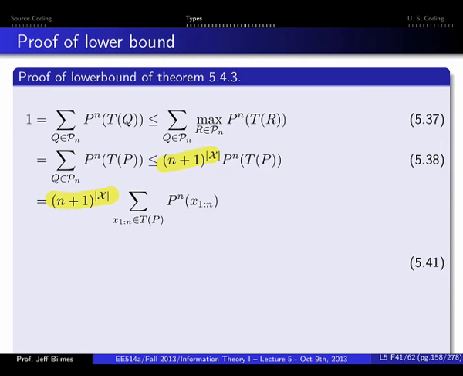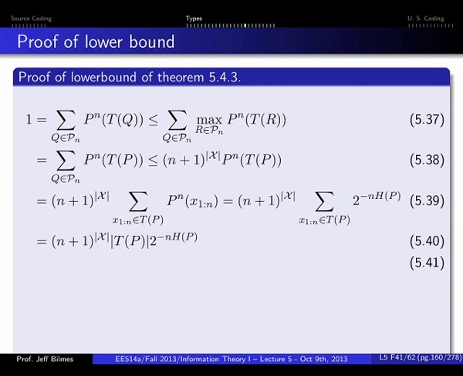So we sum over all sequences in the type class and compute their probability, which, since we're only computing sequences that lie within the type class of a particular type, is exactly 2 to the negative n times the entropy of the type. And so everything again is divorced.